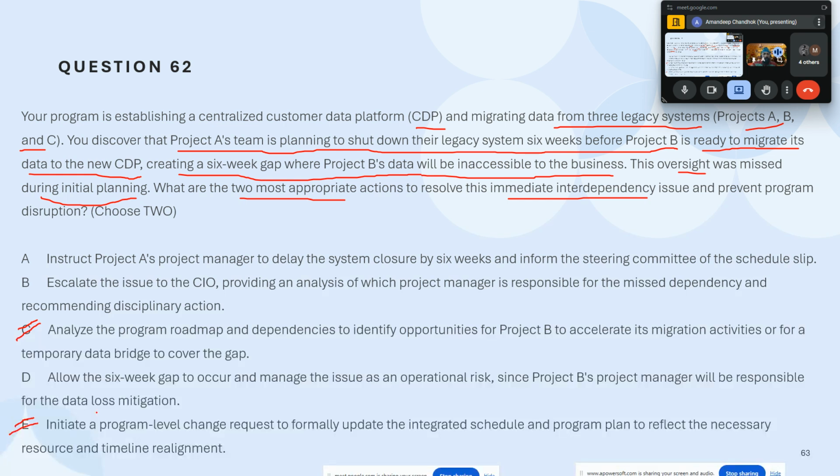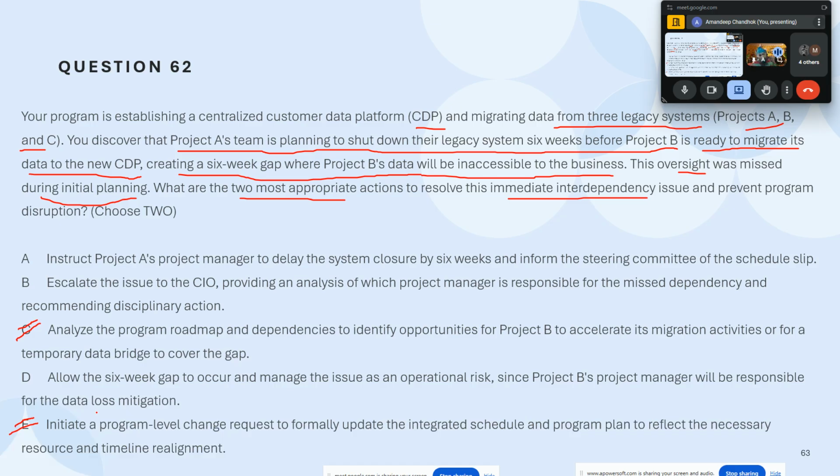Now, normally, one of the key things you need to remember is that programs have projects with a lot of interdependencies between them. The reason you make a program is to integrate these projects so that you can deliver better results. Even without a program they will deliver results, but the reason you bring in the program is to integrate them for better results.